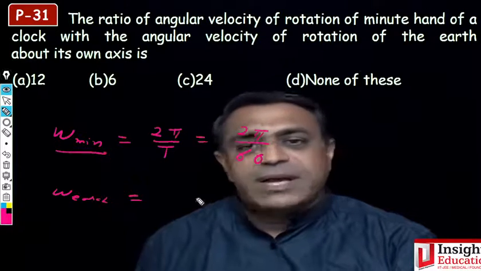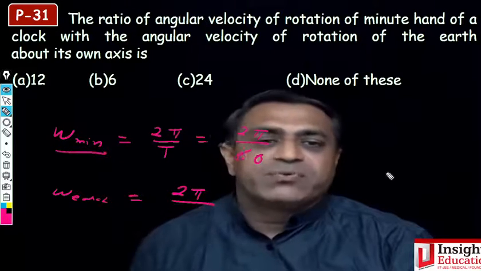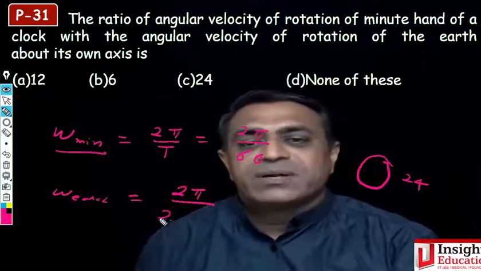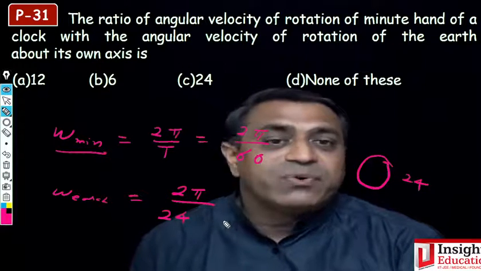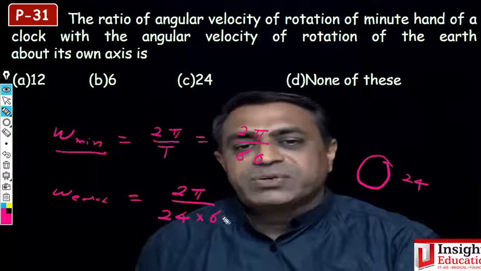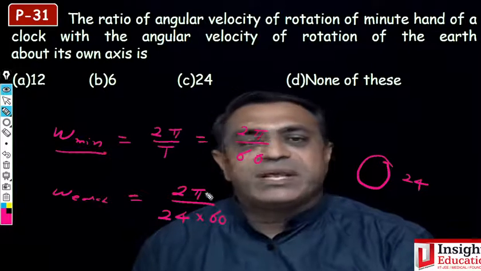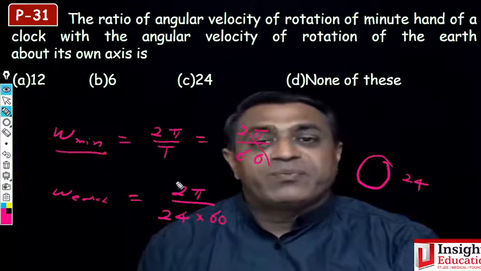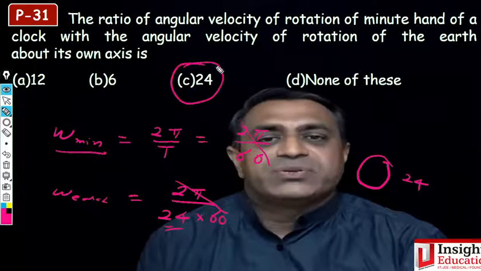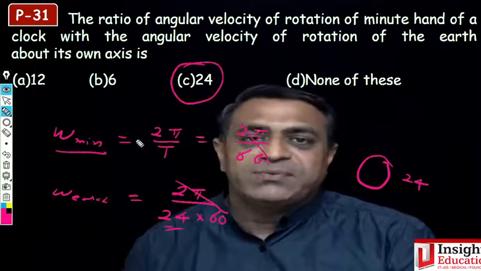For earth, again one complete rotation is 2 pi, and the time period is 24 hour, but here the unit is minute, so convert it into minutes: 24 into 60. If we take the ratio, 2 pi by 60 cancels, so the ratio is 24.